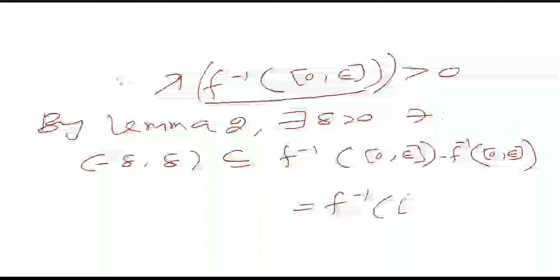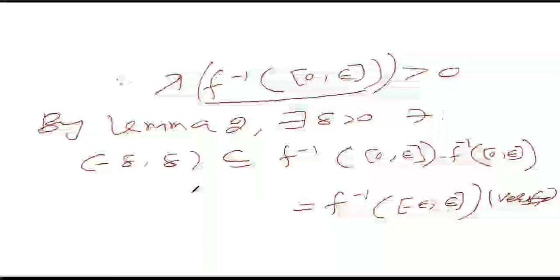Using the additive property, f inverse of 0 to epsilon minus f inverse of 0 to epsilon will be equal to f inverse of 0 to epsilon plus f inverse of minus epsilon to 0. If you add these two using the additive nature of the function f, this addition will be equal to f inverse of minus epsilon to plus epsilon. That's very simple, you can easily verify.